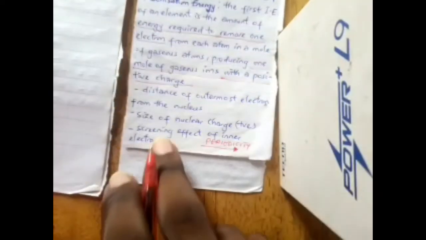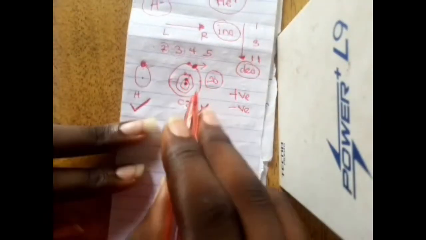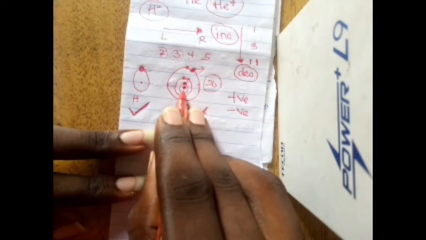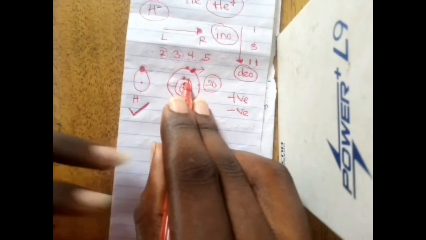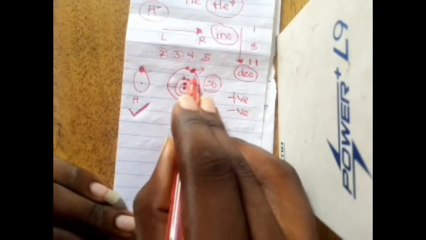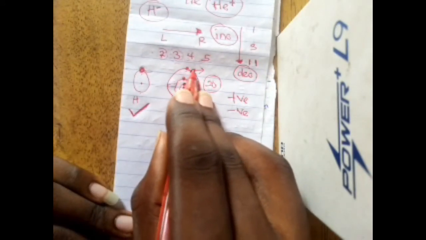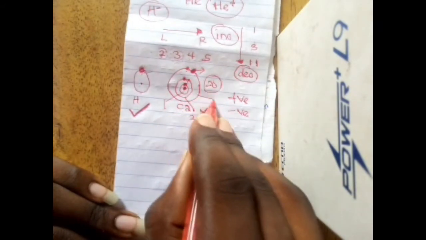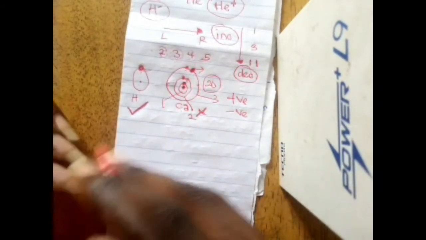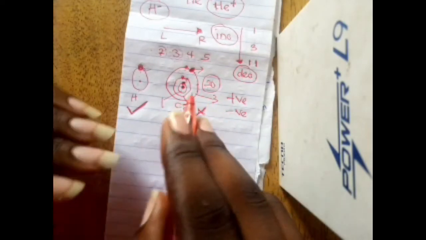This is what we refer to as the screening effect of inner electrons. Because the size is very big, these inner electrons in energy level 1 and energy level 2 are shielding the nucleus from this electron in energy level 3. This is 1, this is 2, this is 3. 1 and 2 are shielding energy level 3, so to steal this electron is very easy.